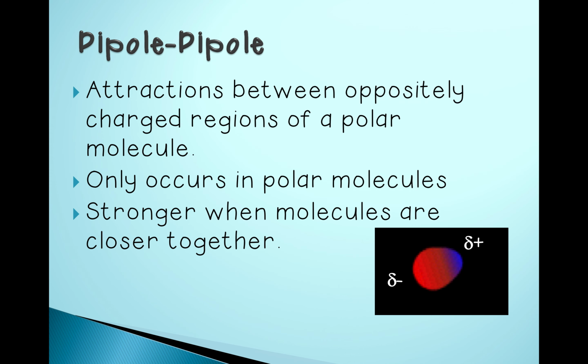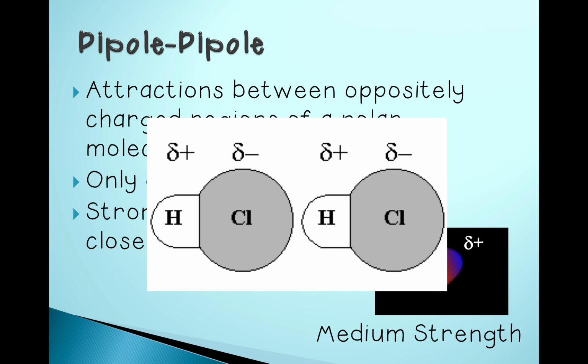And they are going to be stronger when our molecules are closer together. So the closer in proximity those polar molecules are, the stronger their dipole-dipole force. They're medium in strength. And if you look at this picture, HCl, we have a positive and a negative end. And so they are going to have a dipole-dipole attraction.